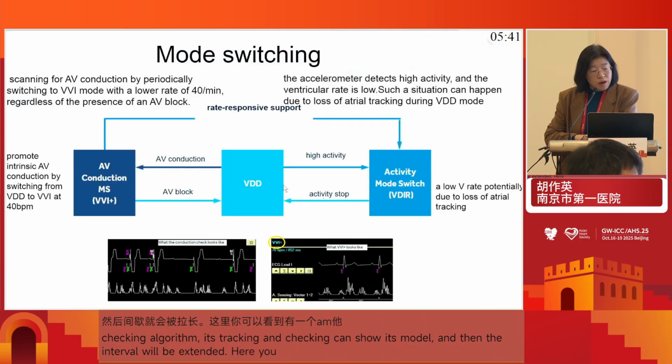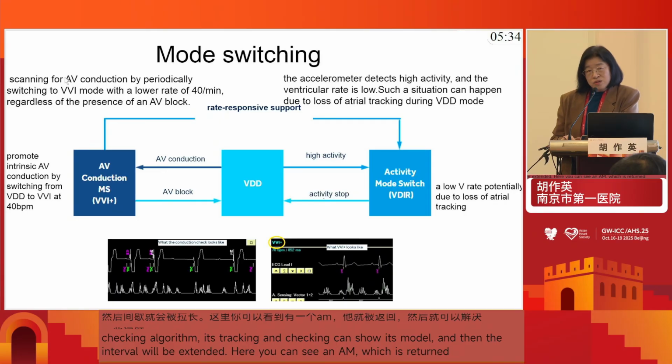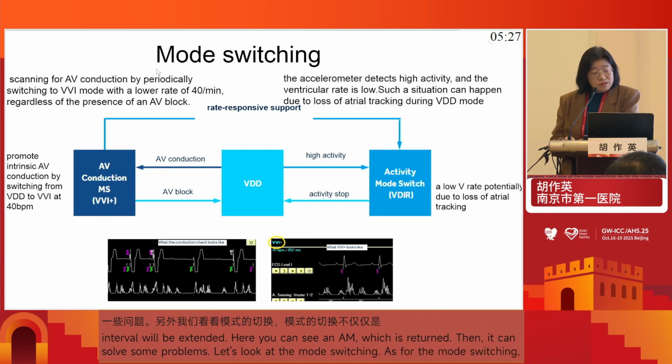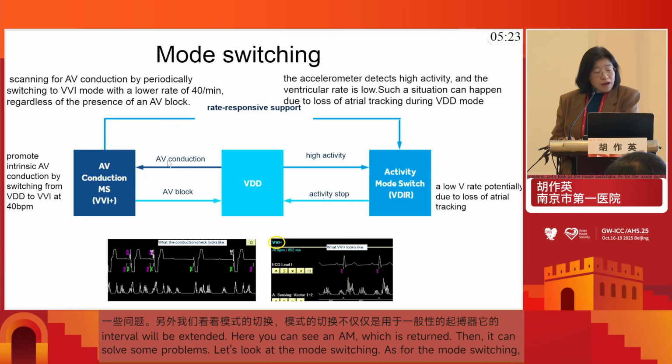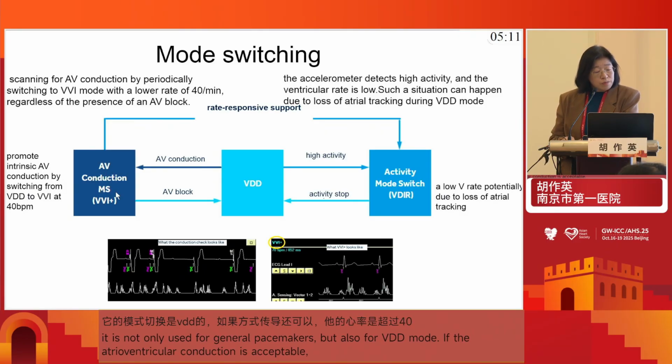It will save some problem. And another function is the mode switch. A mode switch is not just like the general pacemaker. Its mode switch is VDD, and if the AV conduction is okay, and the heart rate is more than 40, the mode switch is turned to VVR.